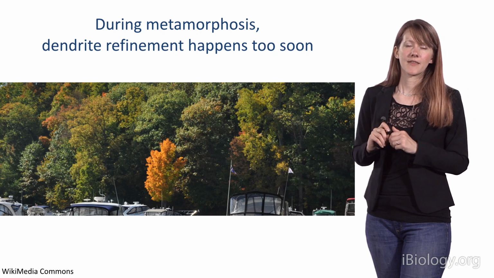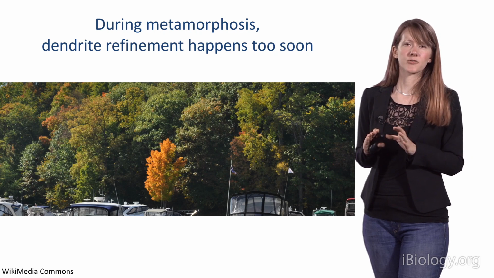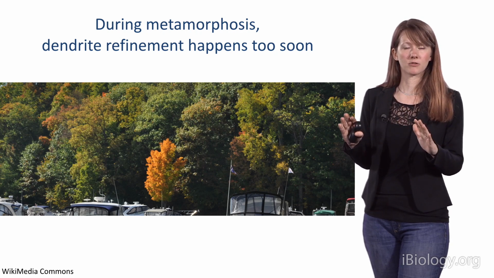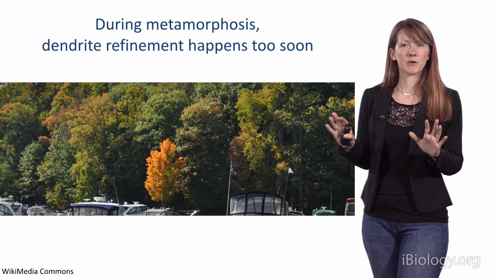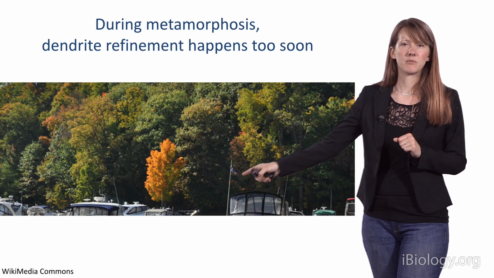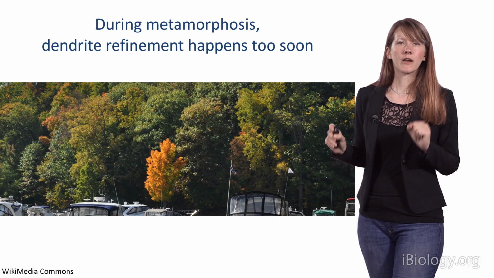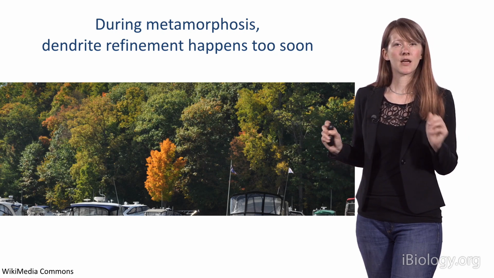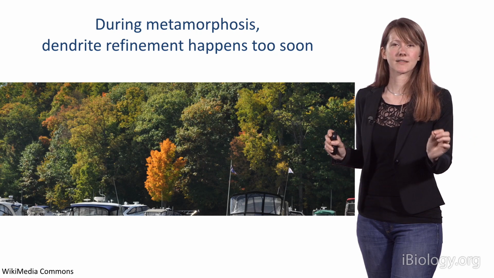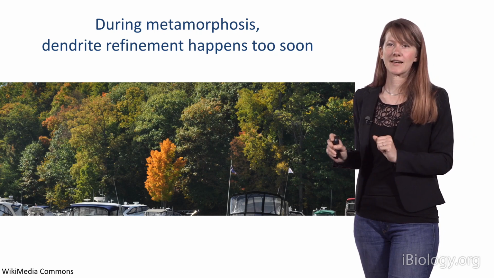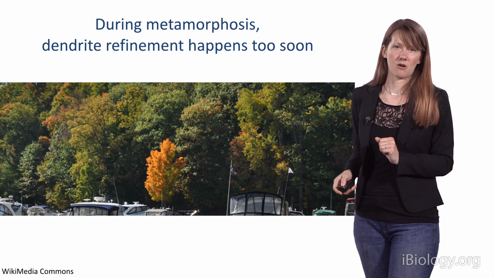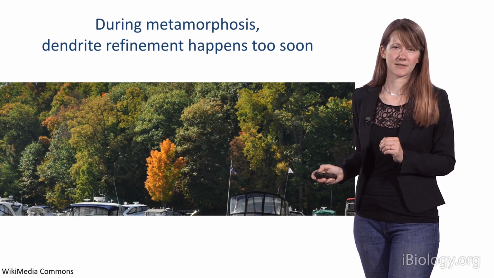But our tree that had been pollarded, our tree that had been injured and had to regrow, instead of waiting for October to come around, this is it in mid-July. It's turning yellow already. It is ignoring the cues from its environment that determine when processes are supposed to take place, and instead, it's going way too early. It's out of sync with the rest of the trees.